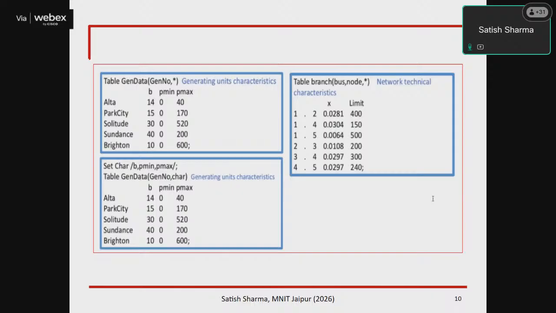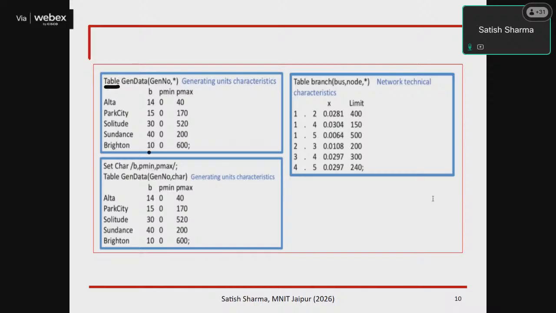So sometimes what we do is define with a star as well. So table is the syntax, gen data is the name of the table, and generation number is the index. The set index, and the numbers are the cities where the five generators are placed, and then the star is placed. So I can put different indices here.